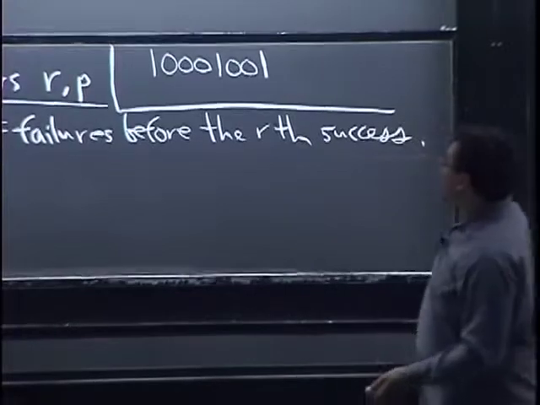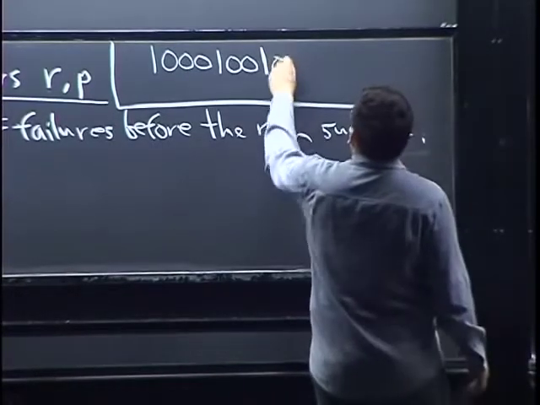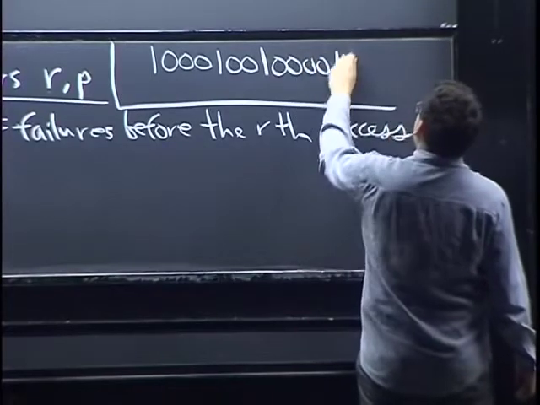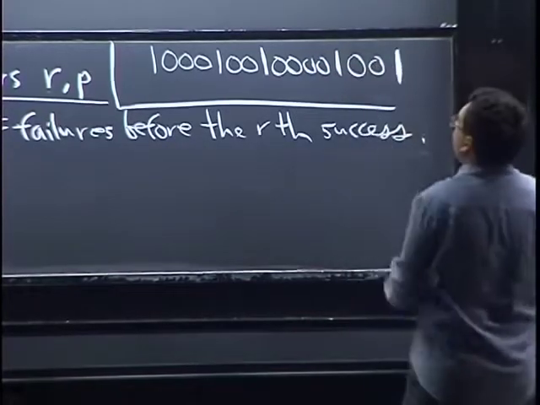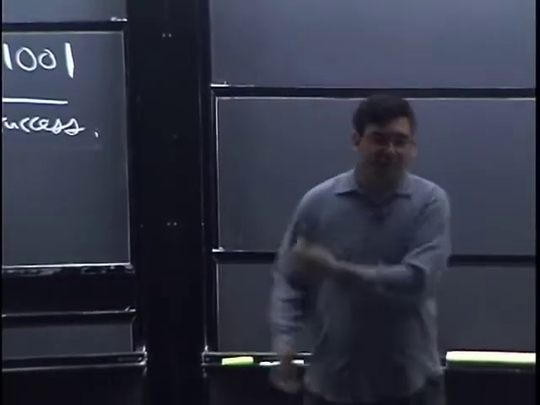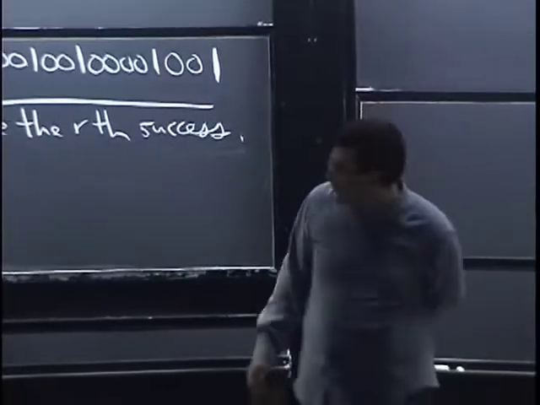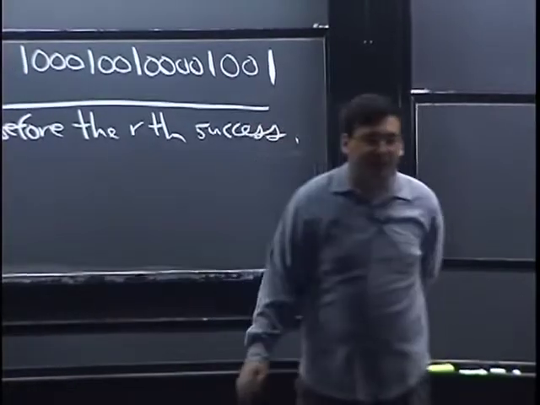And let's choose a value of R. Let's say R equals 5. 0, 0, 0, 0, 1, 0, 0, 1. Okay, I just made up a sequence that has 5 1s in it and however many zeros I just felt like writing. Now, I claim that if we stare at this binary sequence long enough, we can just write down the PMF without having to do any further work.